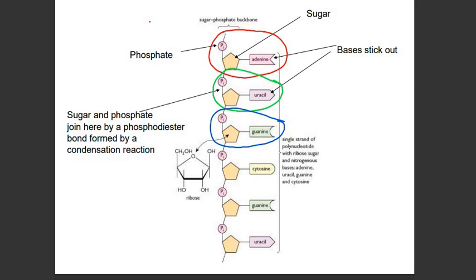So this bond that you are seeing here, the combination of this ester and this ester bond, is what we call a phosphodiester bond. So this is a typical example of a polynucleotide chain, a single strand of polynucleotide with ribose sugar and nitrogenous bases, and so on and so forth.